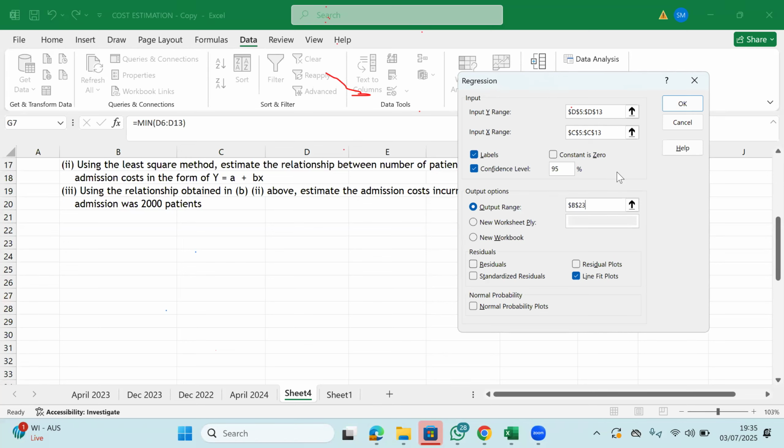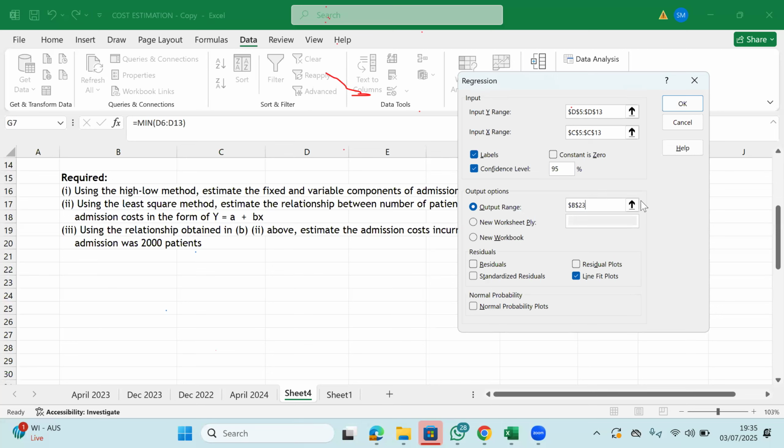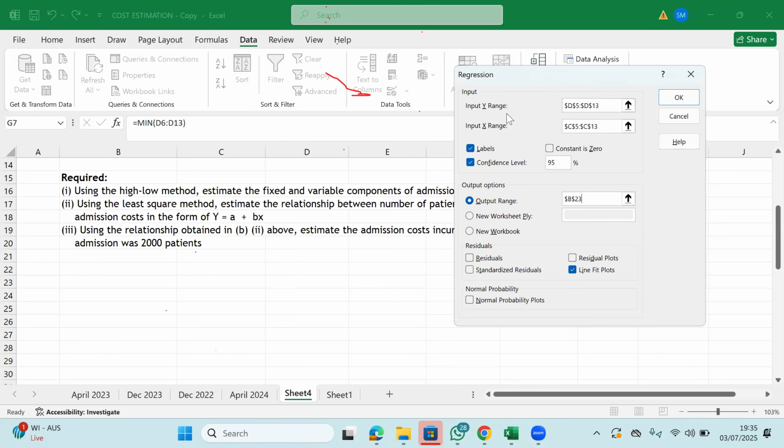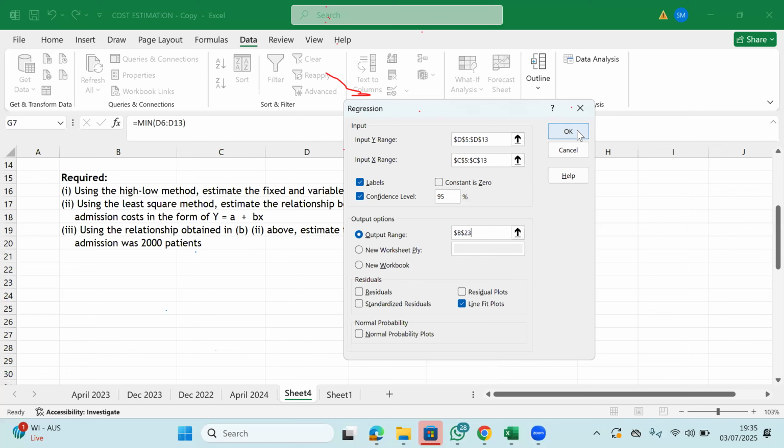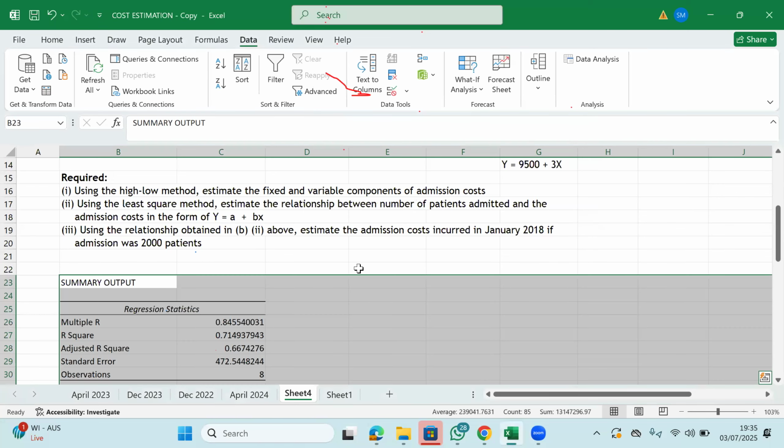So ensure that you have the line fit plot. Then, of course, you can click OK. If you click OK, you should be having an output there.